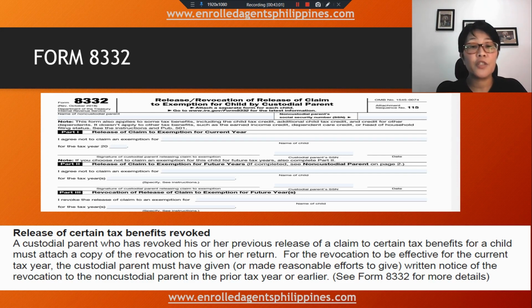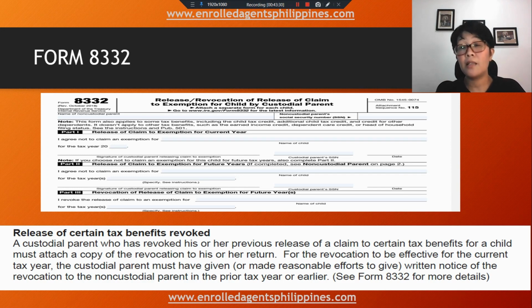Okay. Release of certain tax benefits revoked. A custodial parent who has revoked his or her previous release of claim to certain tax benefits for a child must attach a copy of the revocation to his or her return. For the revocation to be effective for the current tax year, the custodial parent must have given or made reasonable efforts to give written notice of the revocation to the non-custodial parent in the prior tax year or earlier year.